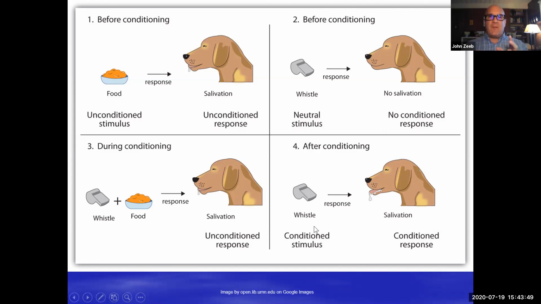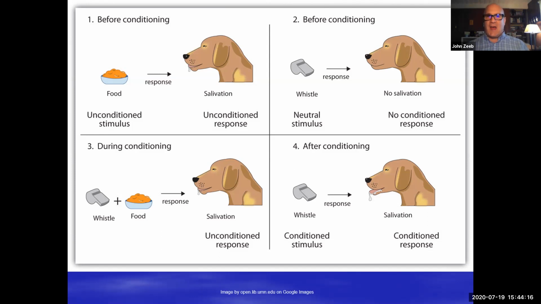So once that response has been learned, over time, we can weaken or extinguish the response. The easiest way to do this is basically to keep blowing the whistle periodically, but not pair it with food. Of course, initially the dog would still react to the whistle, the conditioned stimulus, as if it was still in play, because it's reminding him of the food.